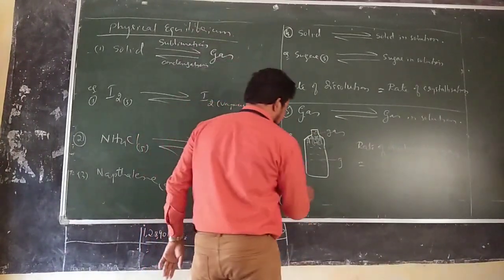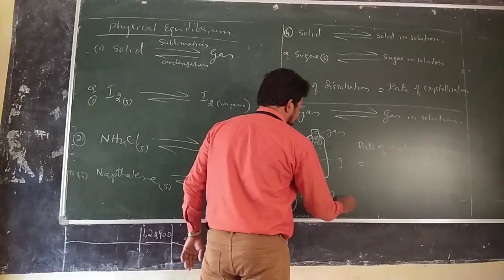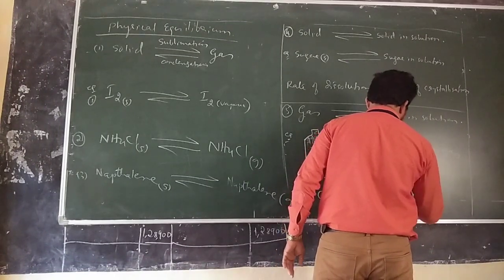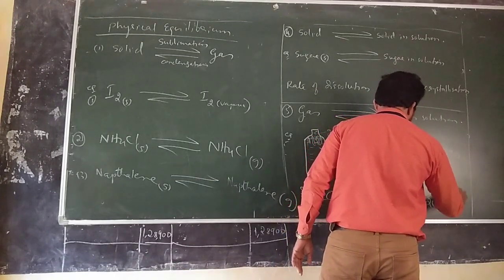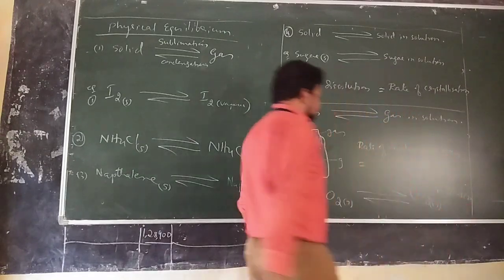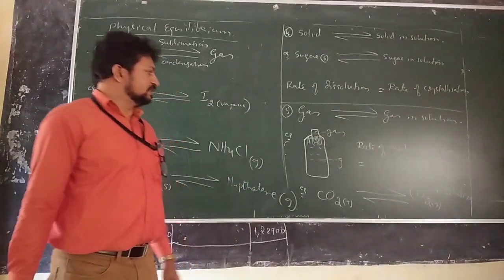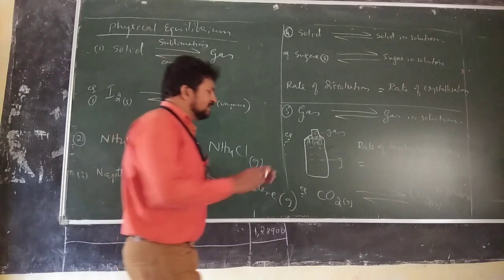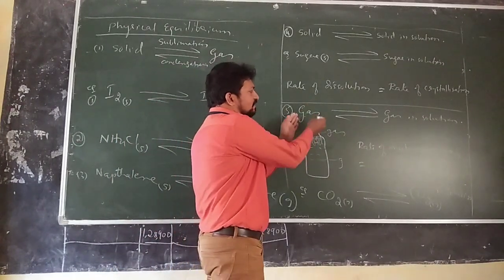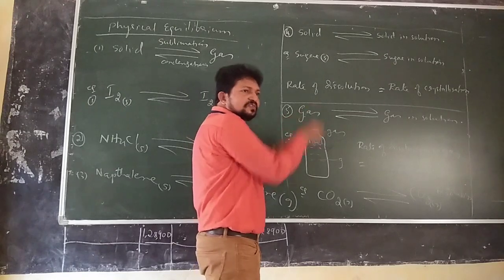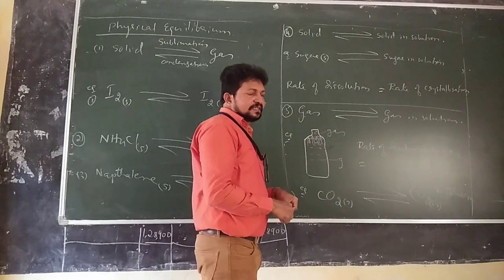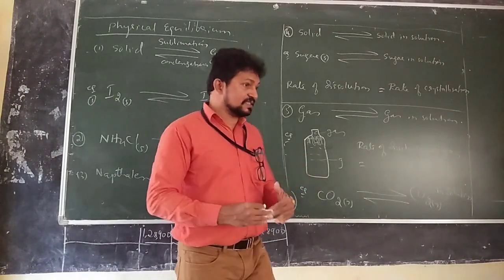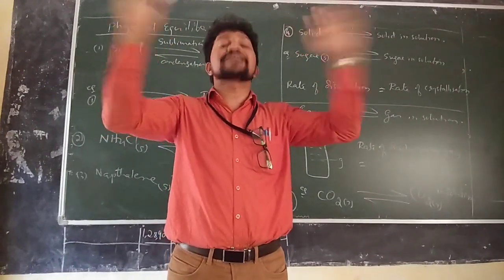For this, the example is carbon dioxide gas to carbon dioxide in solution. This is the example for the gas and gas in solution. So once again I will clarify what is happening here. The rate of the gas dissolving in the liquid is the same as the rate of the dissolved gas escaping into gas.